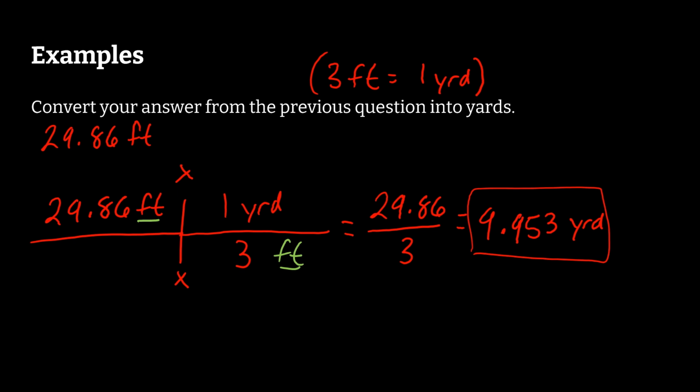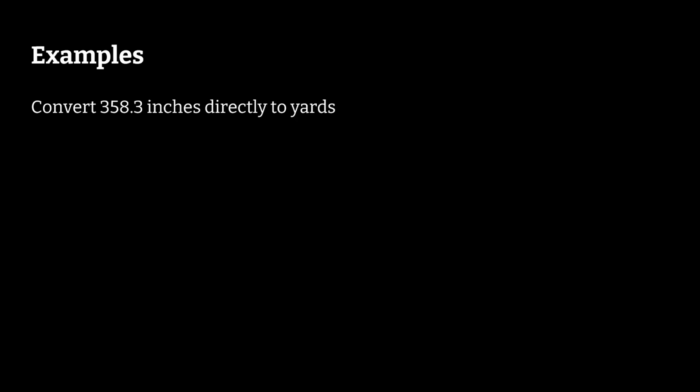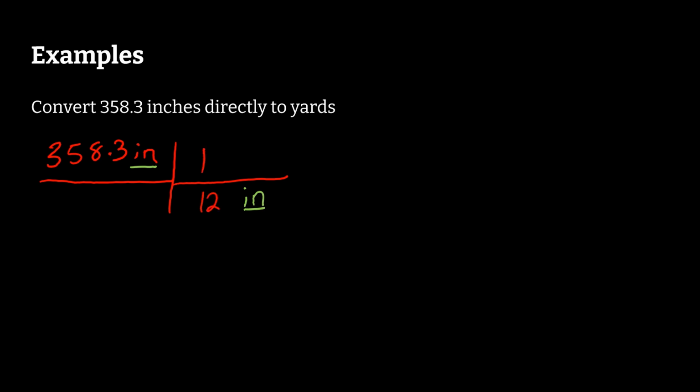Taking a look at our next one, we're going to convert the 358.3 inches directly into yards. So we're essentially going to combine the last two problems that we did together. We have 358.3 inches. Our inches are going to be on top, so we know that we're going to have inches on the diagonal, and this is going to be our 12 inches, being equal to 1 foot.